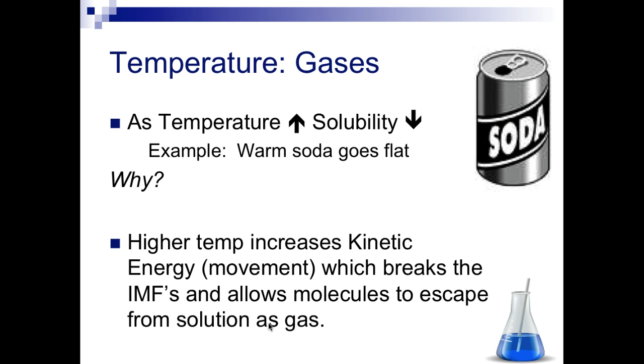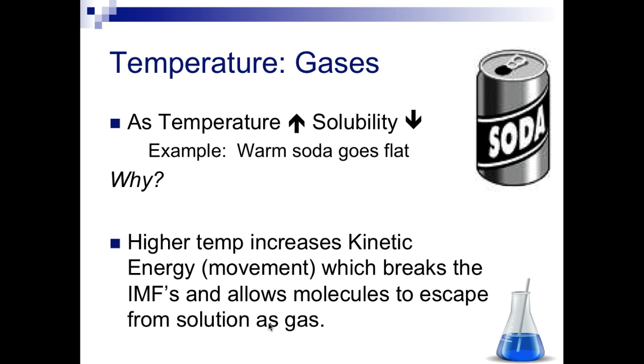Temperature of a gas is the opposite, actually. As you increase the temperature, your solubility will decrease. So what happens? Think about this. When you have a warm soda and it heats up outside, what happens to it? Well, it goes flat. This is because when you have a higher temperature, you increase the kinetic energy of the movement, which breaks the intermolecular forces and allows for the molecules to escape from the solution as a gas.